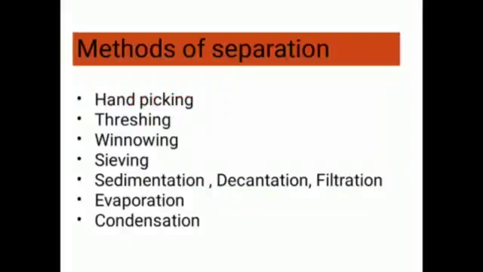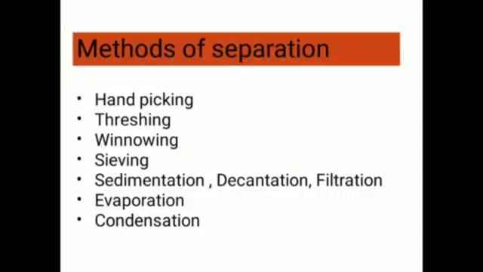So for that, how do we separate a substance mixed together if they have so many different properties? You know that many properties are there of the substance. So different methods are used for separating different substances. Let us learn about some common methods that are used.